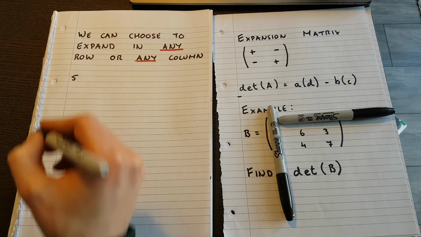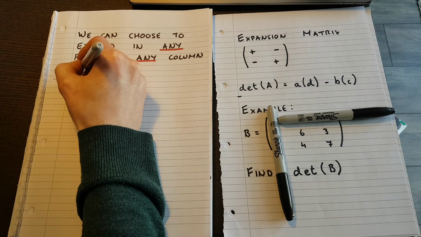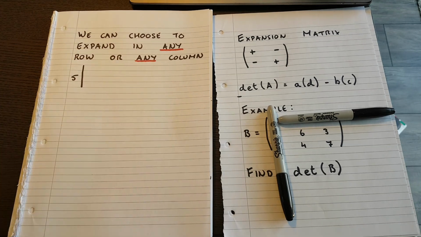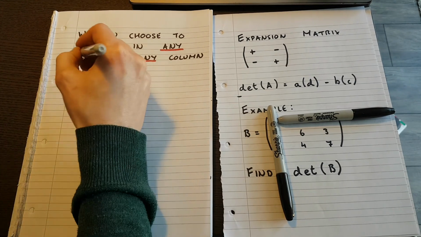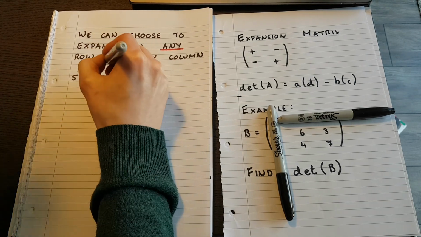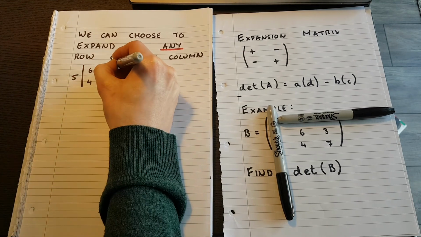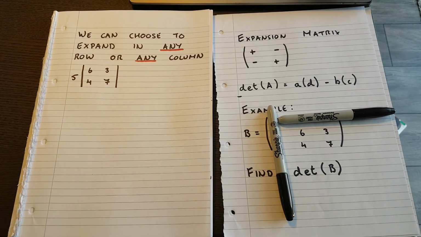Now that I've deleted the row and the column, I need to find the determinant of this 2 by 2 matrix. By the way, a straight line on either side of a matrix, not a bracket, refers to the determinant. So here I have 6, 3, 4, and 7. That's my first value.